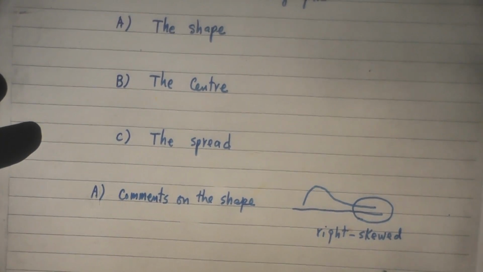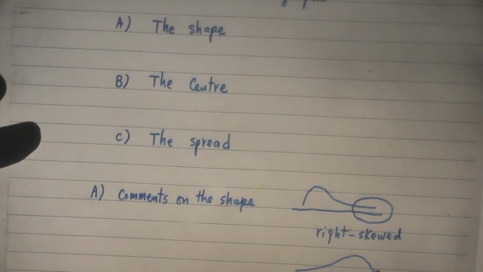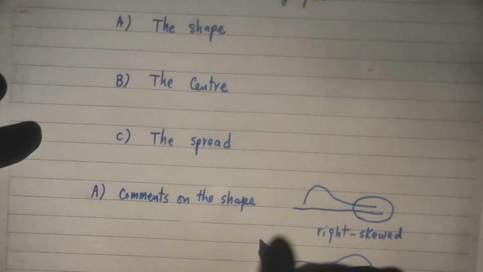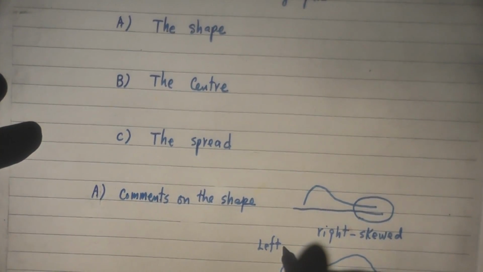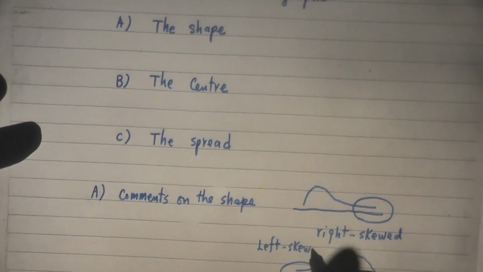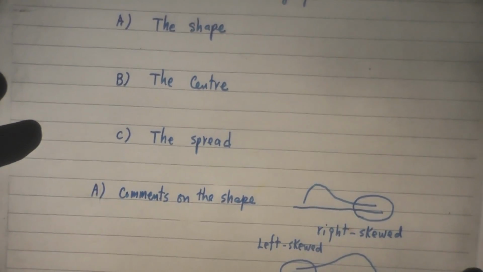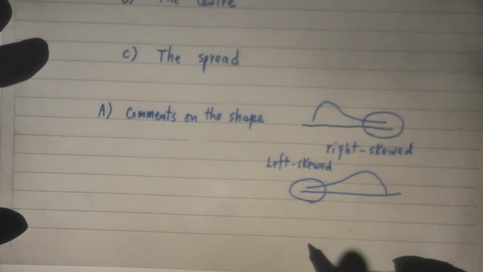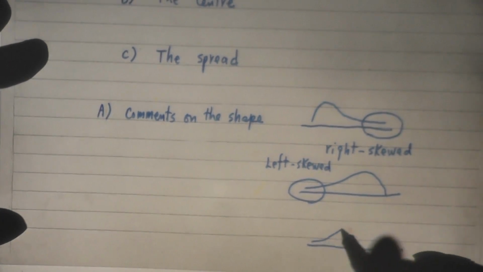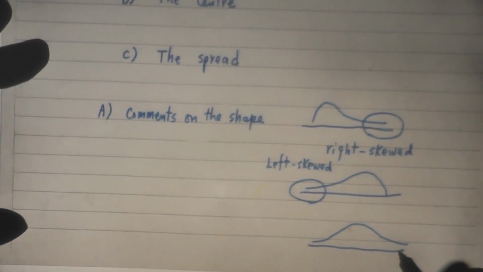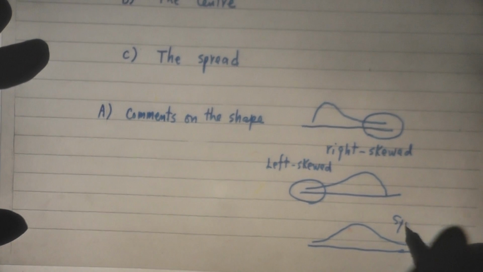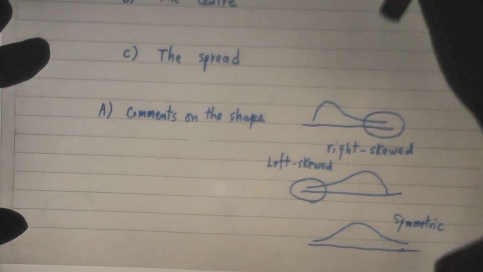And if you find a graph with a long left tail, it's called left skewed. If the right tail and left tail are about the same, we call the graph symmetric. So keep this in mind.